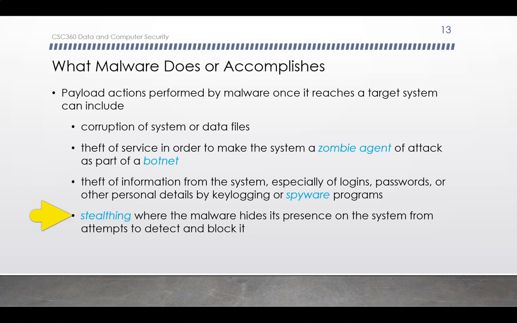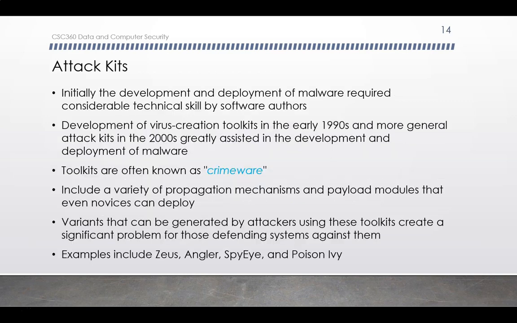Stealthing, where the malware hides its presence on the system from attempts to detect and block it. The term payload used here refers to the malicious software introduced to a system. With respect to action, we refer to the behavior of this software once it establishes itself on the system.